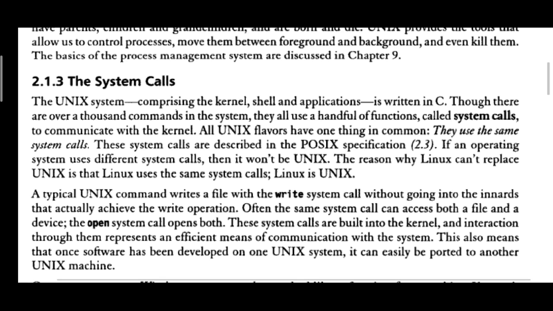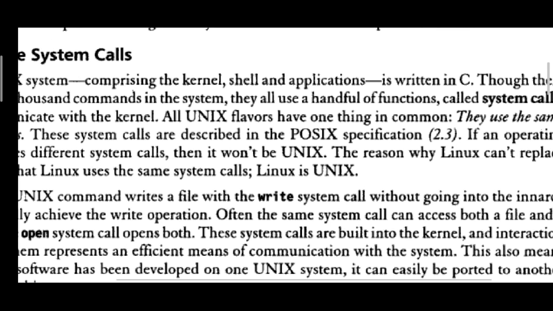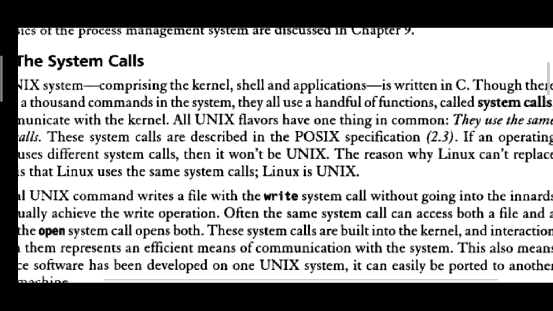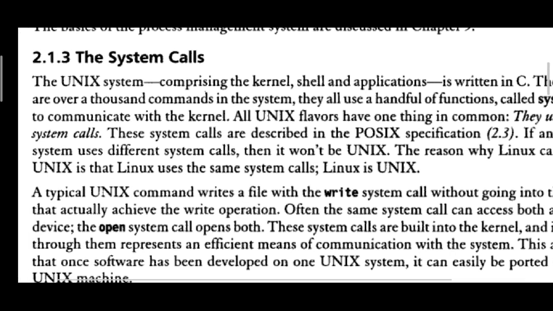All the operating systems will normally have system calls. Anyhow, we are studying the Unix OS here, so its system calls are what we are going to discuss. A typical Unix command writes a file with the system call. See the word which is written in bold, WRITE. This is the system call write, which performs the write operation, without going into the innards that actually achieve the write operation.